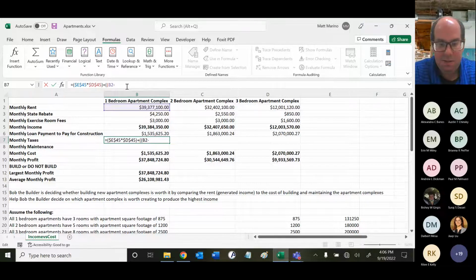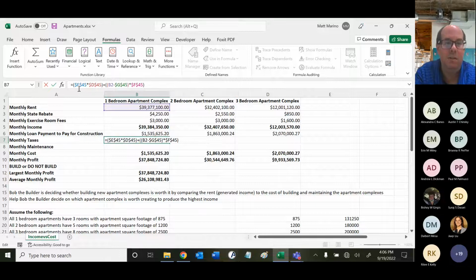B2 minus the absolute of G45, close parentheses, and then multiply that by the absolute of F45 and close parentheses.